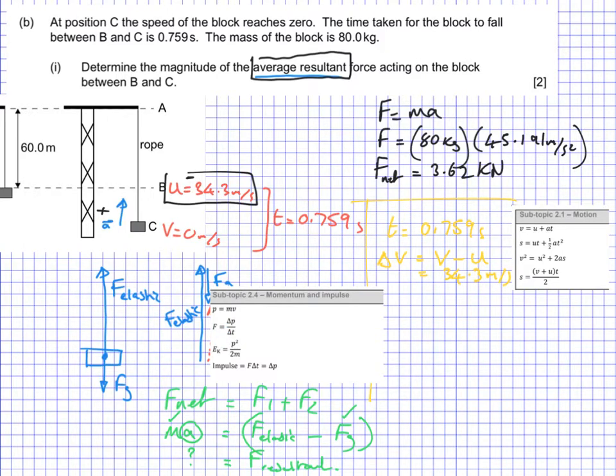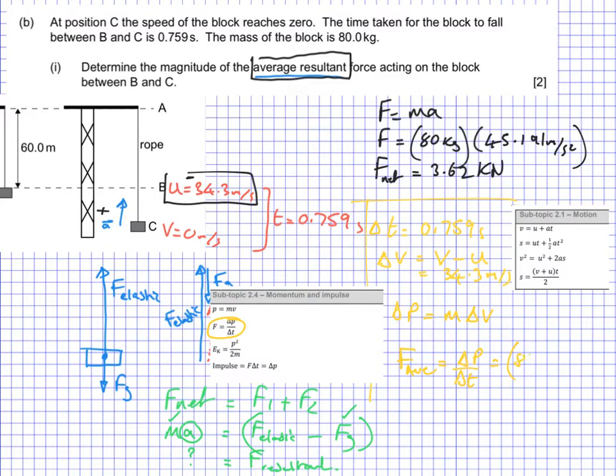Well, the time given would be the change in time, and since a change in momentum would be equal to the mass multiplied by the change in velocity, we have that change in velocity here. So I can say that the average force is the change in momentum over the change in time, and the change in momentum is going to be m delta v. So I'm going to put that in.